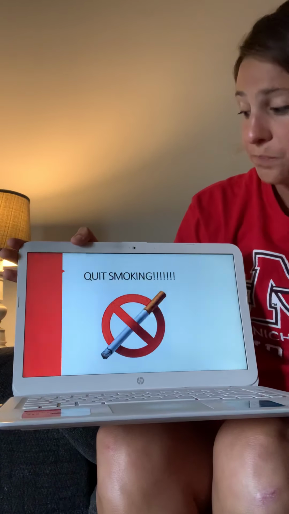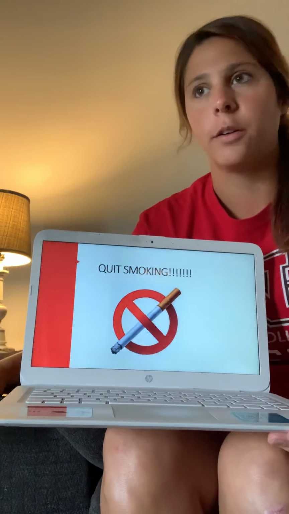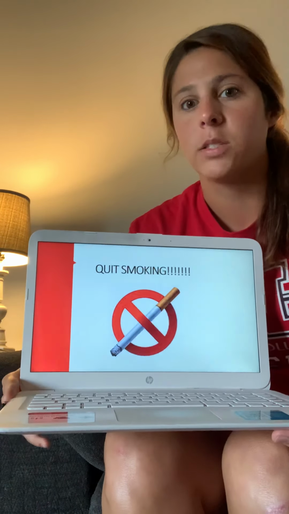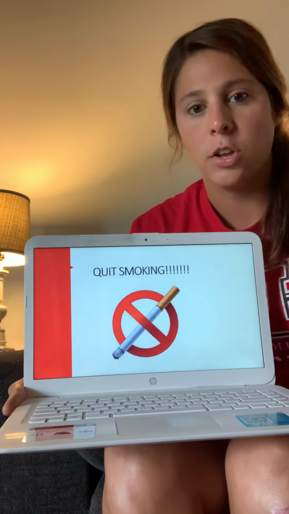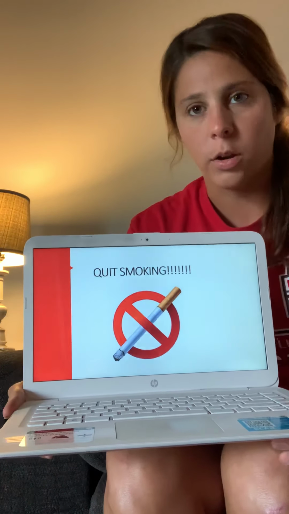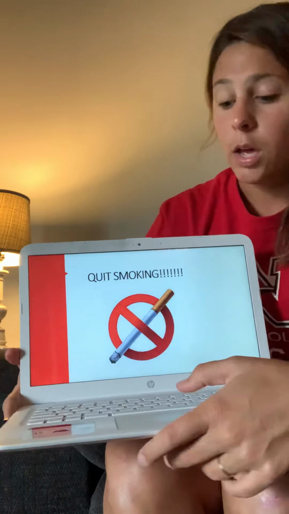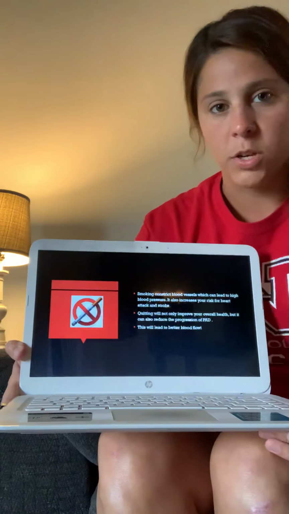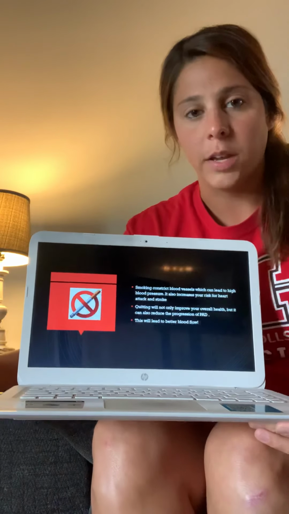When my husband goes to the doctor, the doctors and nurse practitioners and nurses, the first question they always ask him is, do you smoke? His answer is no, but it's very important not to smoke, because these are the reasons why. Smoking constricts the blood vessels, which is what PAD is already doing.